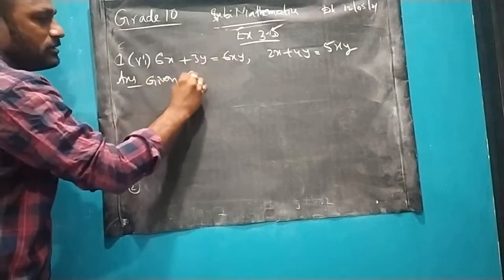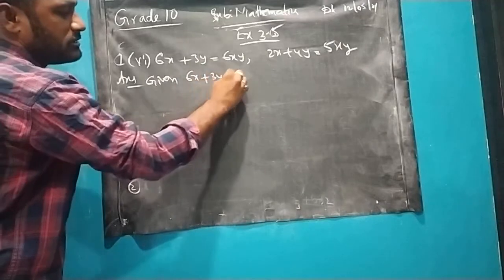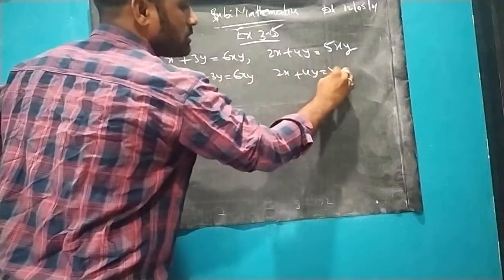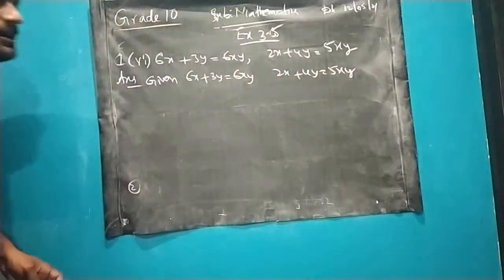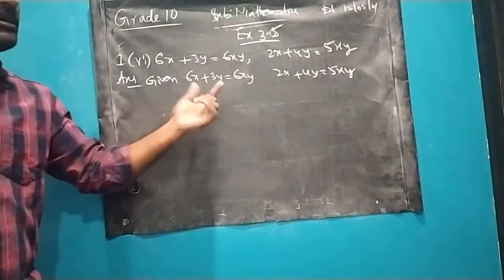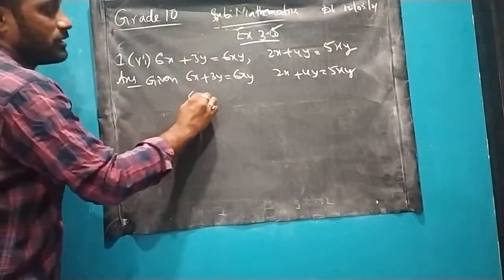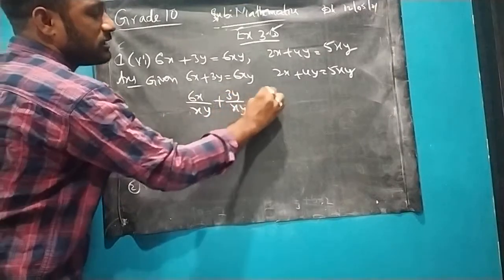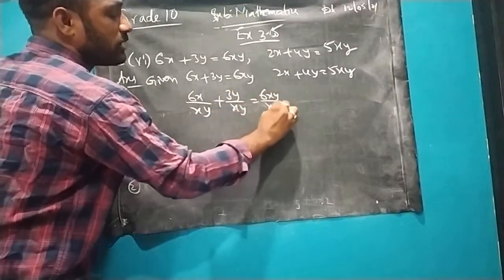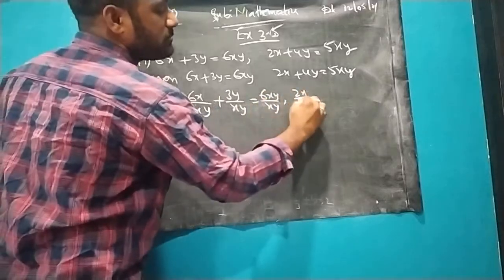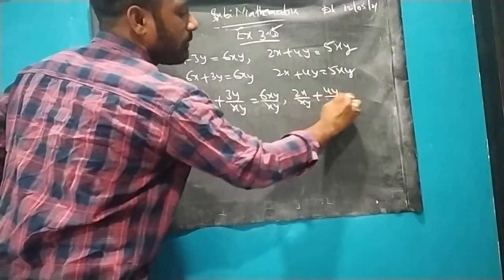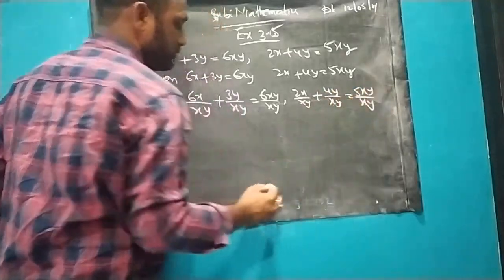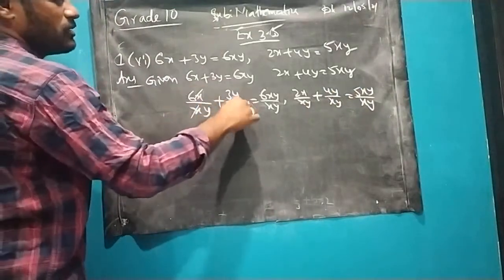So given 6x plus 3y is equals to 6xy, 2x plus 4y is equals to 5xy. Since it is not in the standard form, let us divide everything by xy. So 6x by xy plus 3y by xy is equals to 6xy by xy, comma, 2x by xy plus 4y by xy is equals to 5xy by xy. x gets cancelled, y gets cancelled.